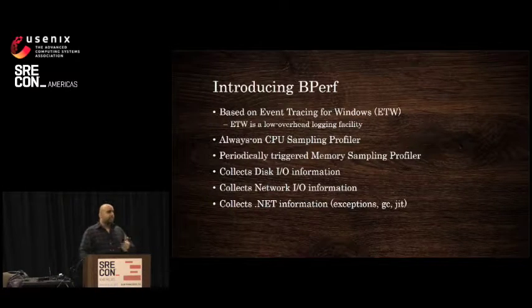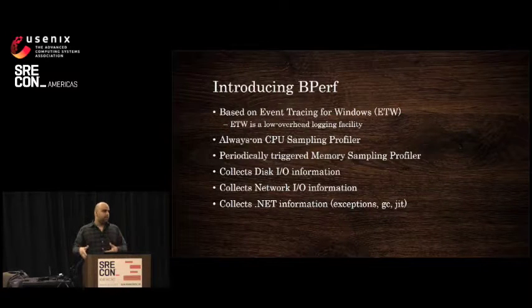We also collect the disk I/O information, so you have access to files read or written to, and also network I/O information, so TCP or UDP connections you may have opened, or UDP datagrams that you're sending. And then very critical to Bing.com is .NET information.